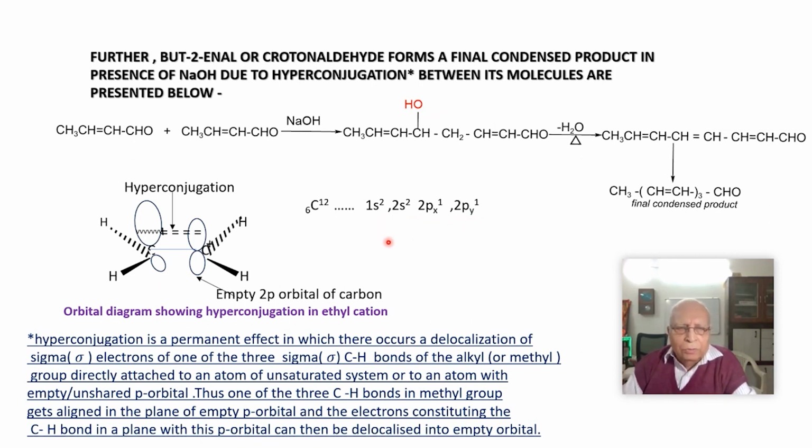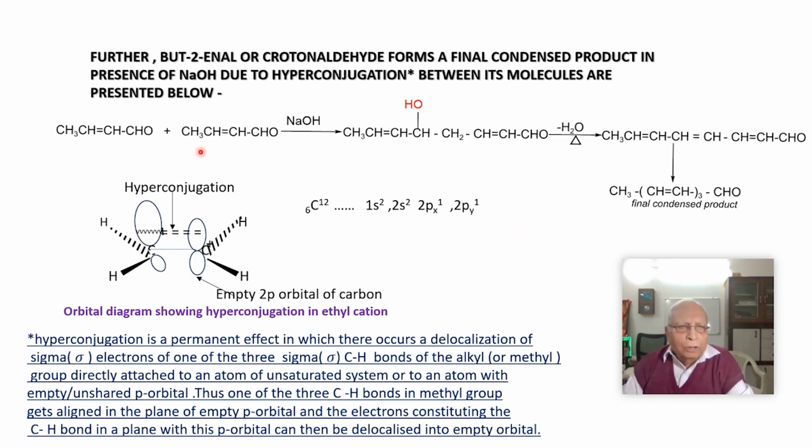This doesn't represent a tetravalent carbon atom. During the course of a reaction, in the excited state, this turns to 1s2, 2s1, 2px1, 2py1 and 2pz1. In the excited state, carbon is tetravalent.